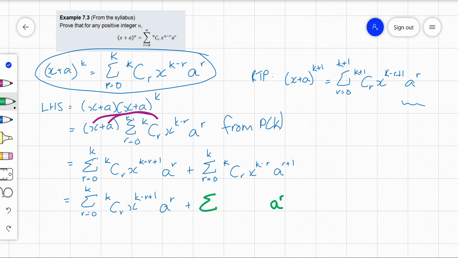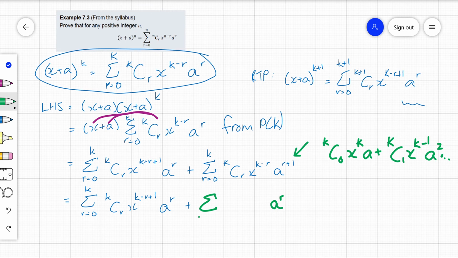And if you think about it, at the moment, if I expand this second term out a little bit, it starts at r equals 0, so I've got k choose 0, x to the k minus 0, a to the 1. And the next one would be r equals 1, x to the k minus 1, so that's a squared, etc. And that's what I still want, but I want it with an a to the r.